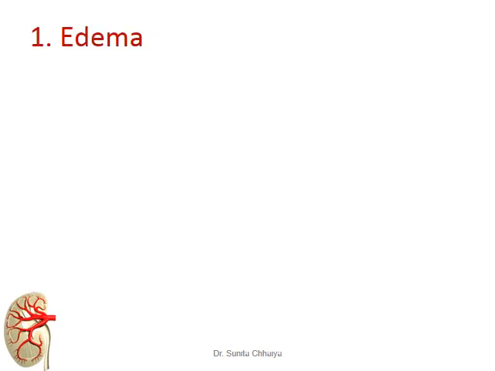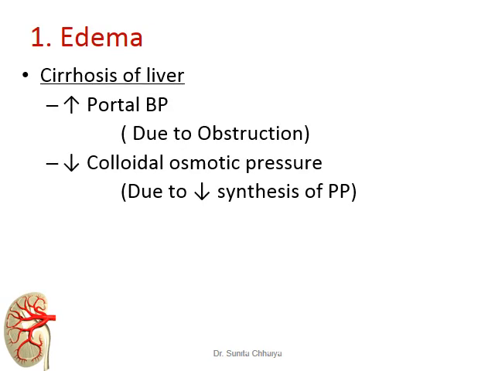Another condition: edema associated with cirrhosis of the liver. We know that due to cirrhosis there is an obstruction against our portal circulation. So gradually there is an increase in portal blood pressure, and the diseased liver cannot synthesize plasma proteins.